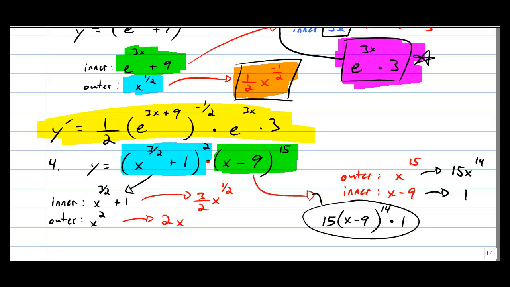Move the exponent out front and take 1 away. Okay, so the derivative of that piece in blue, the derivative of the outer, evaluated at the inner, multiplied by the derivative of the inner.